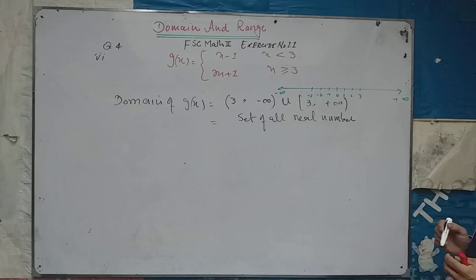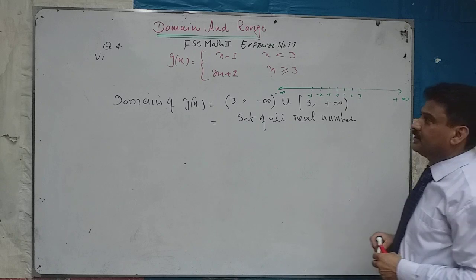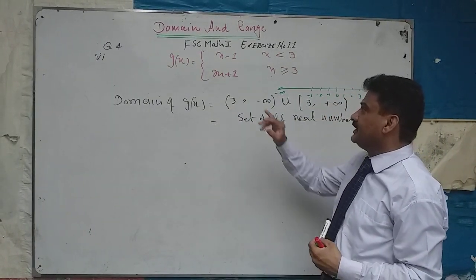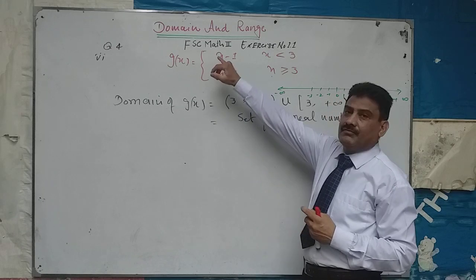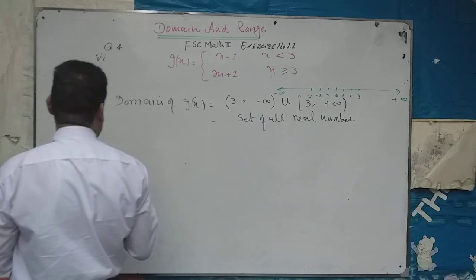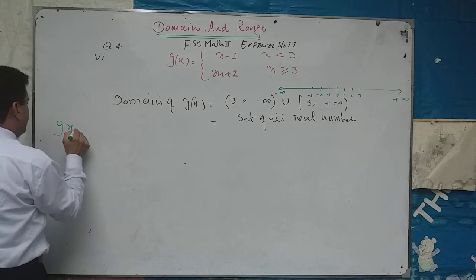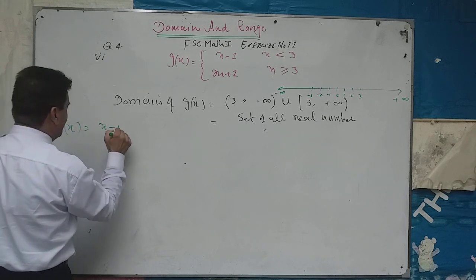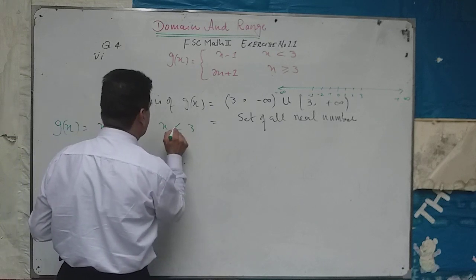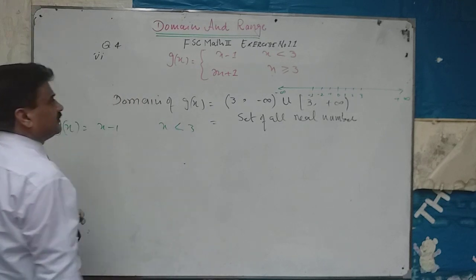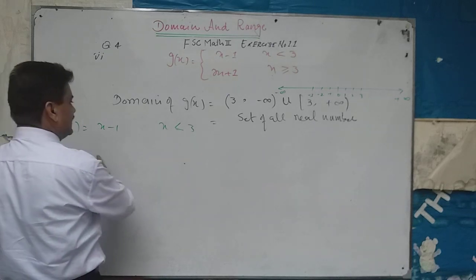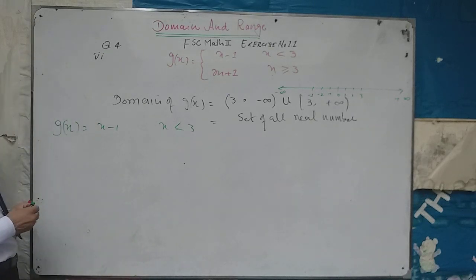When we talk about the range of the function, we have to find the range for these two portions. First, we find the range for the portion g of x equal to x minus 1 when x is less than 3. 3 is not included in our domain, but we check the value of the function at x equal to 3.